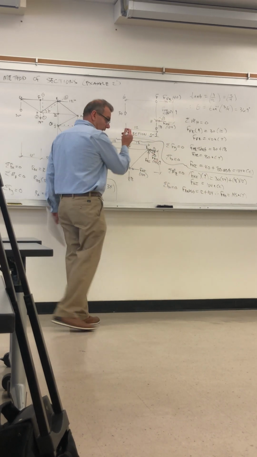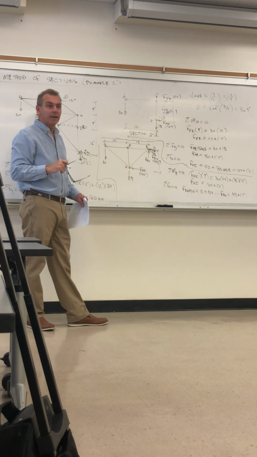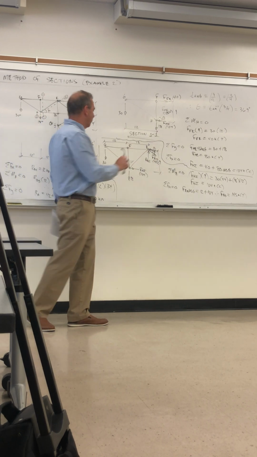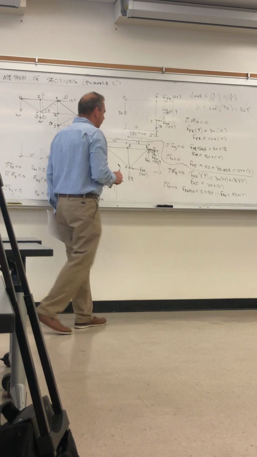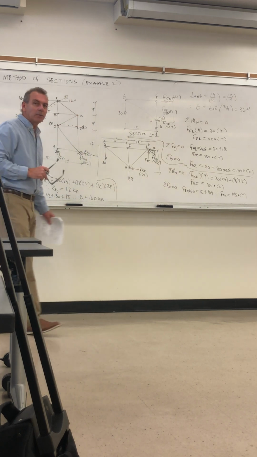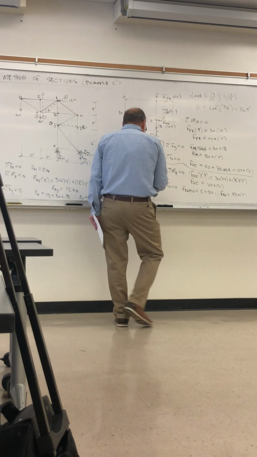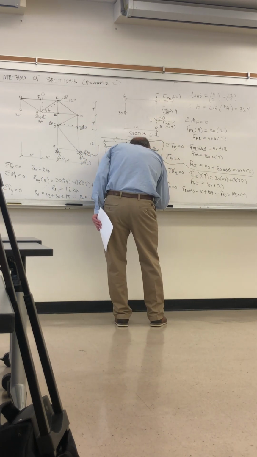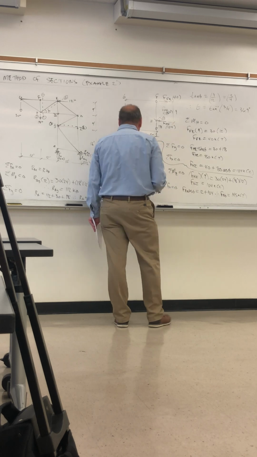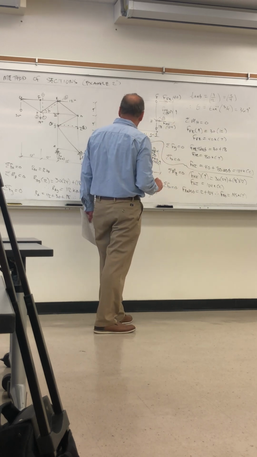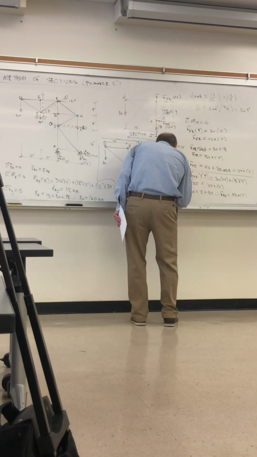And that 145 is acting along that diagonal. That's 145 kips this way. And then the only other equation available to us from statics is summing forces in the vertical. So I have F of EI up.